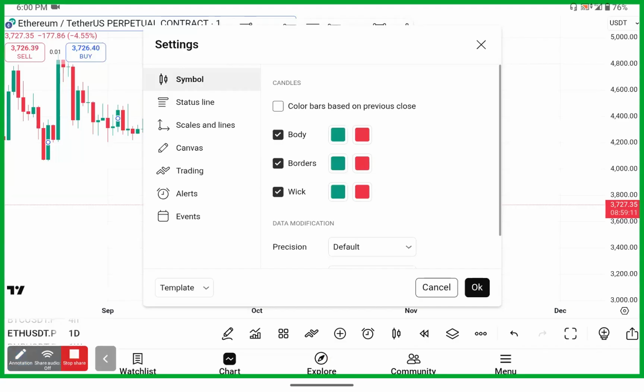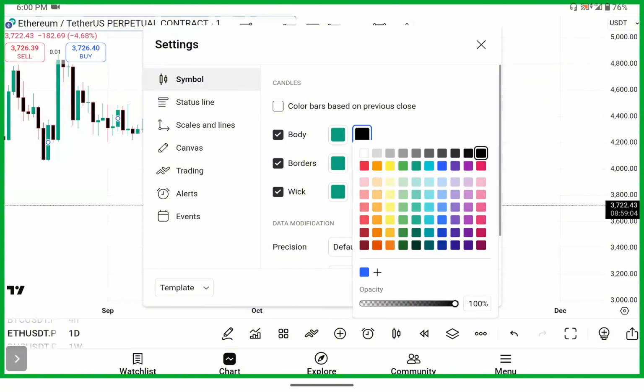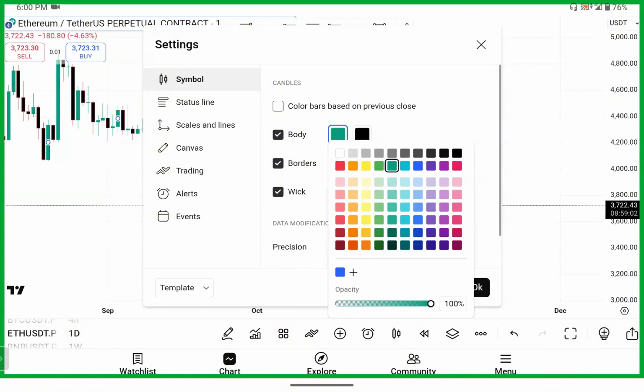So I will leave the body green, then I will change this one to black, because I told you I prefer black. This is just an intro to charting, to how you engage, because some people ask how you change your candles.